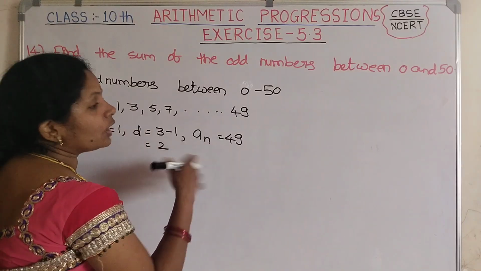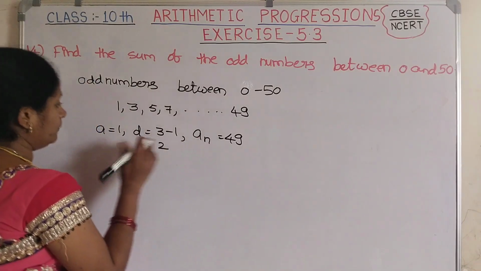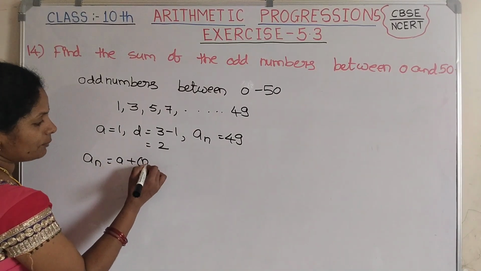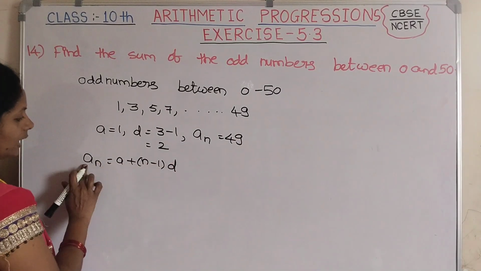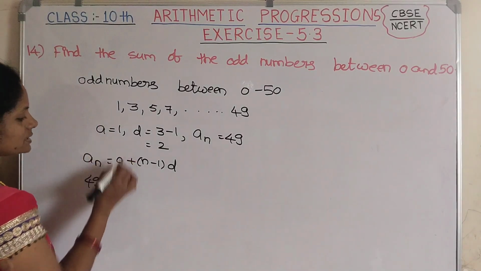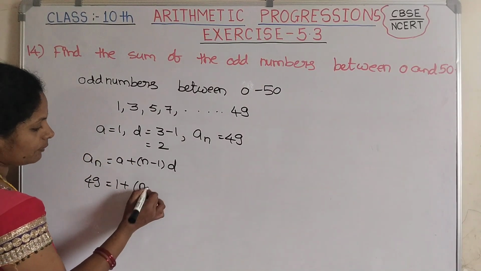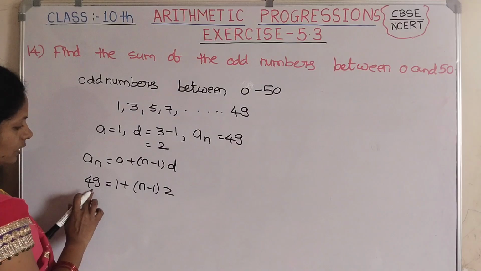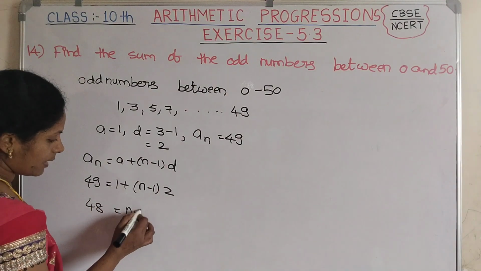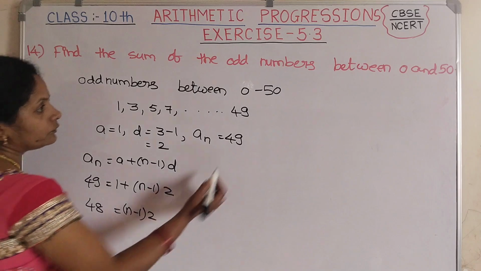We have to find out how many terms are there, means n value. An is equal to a plus n minus 1 into d. 49 is equal to 1 plus n minus 1 into 2. 49 minus 1 is 48 is equal to n minus 1 into 2.